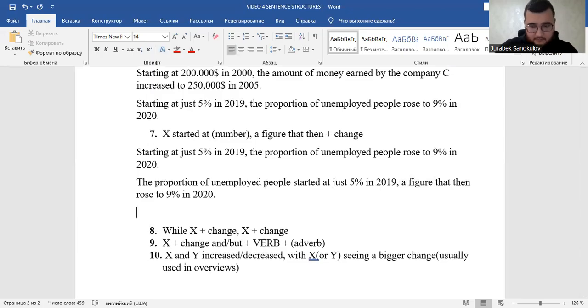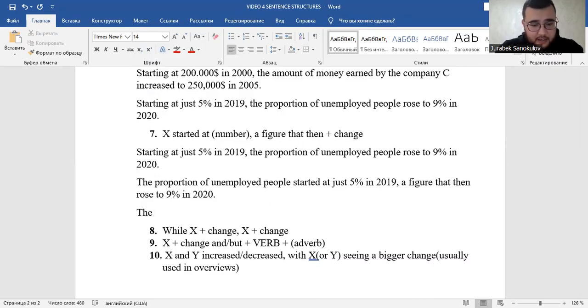You will see me using these sentence structures in the next video probably, where we will talk about how to organize body paragraphs. So let's use it one more time.